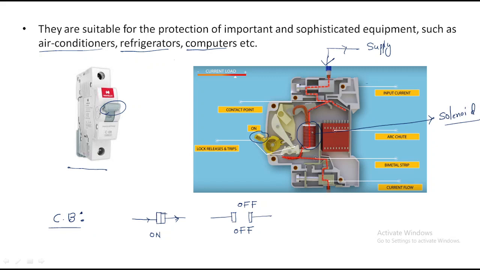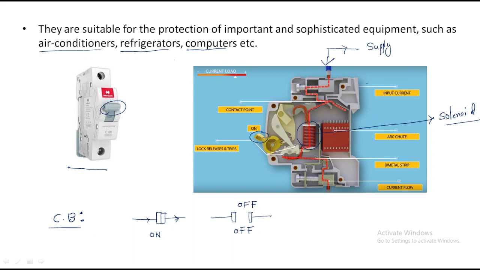In this, from the solenoid point, we again have this knob, the lock release strip. This lock release strip is connected here. This knob is connected here, and this knob is again connected to the bimetallic strip.